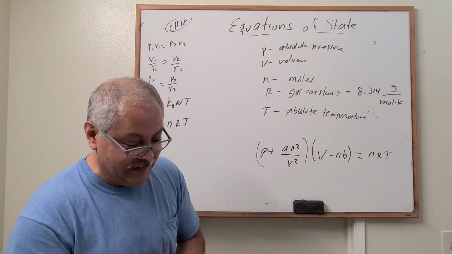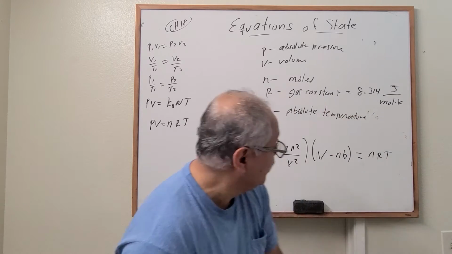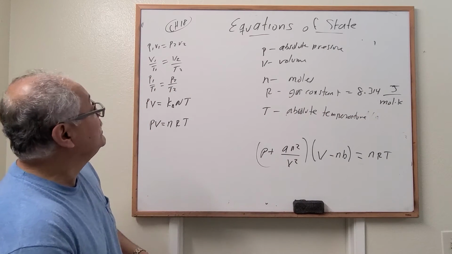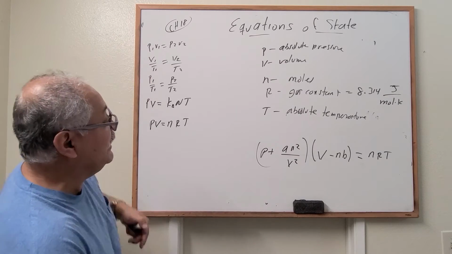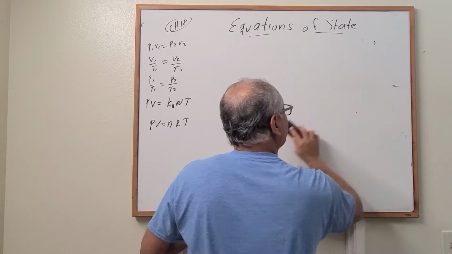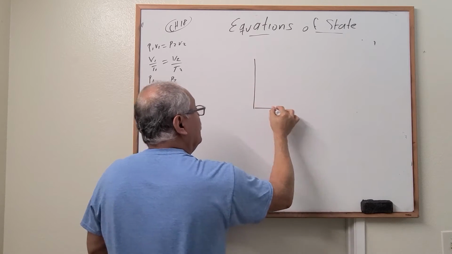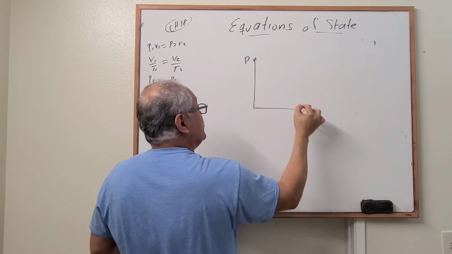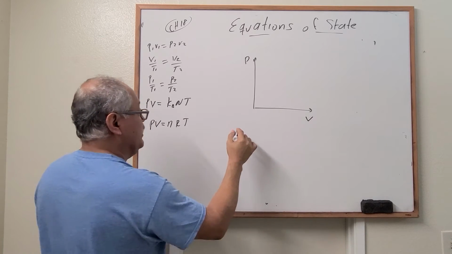Perfect. Now, let's see what happens when we want to plot this law. For example, when we are dealing with pressure and volume, from this equation, what do we have?